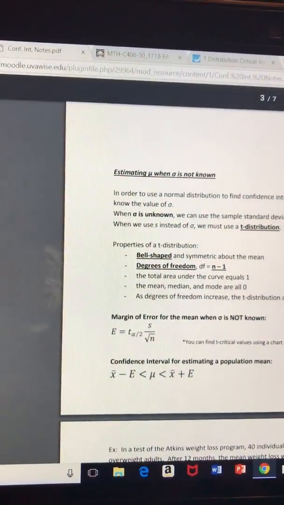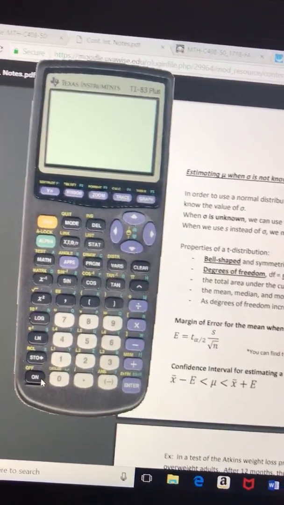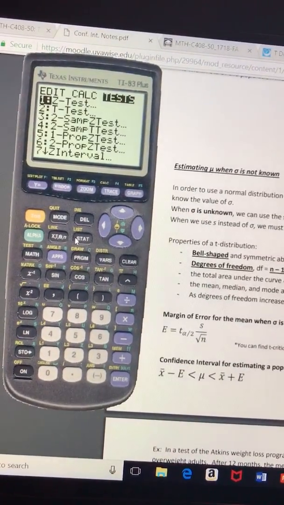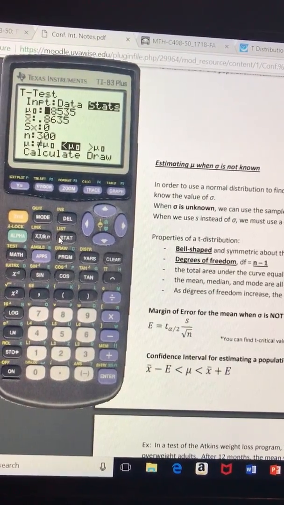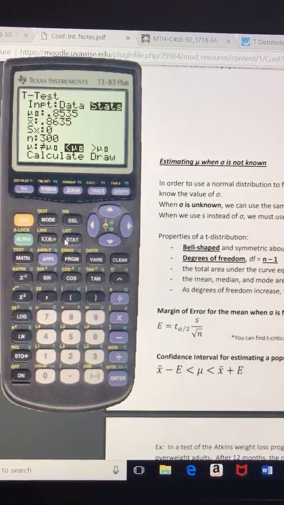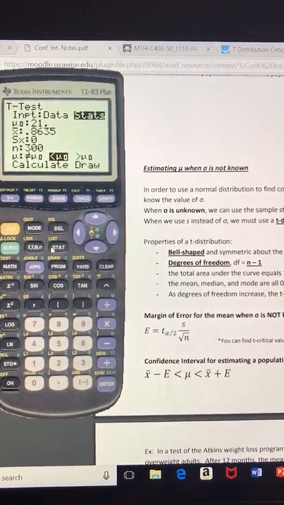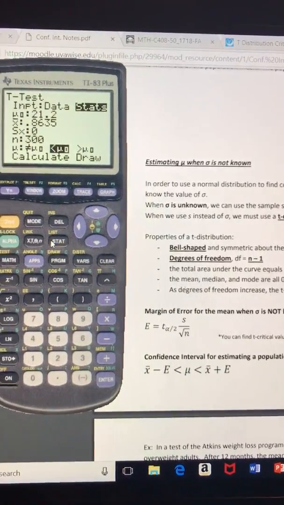So what we're going to do is, on the calculator, you're going to go to stat, go over to test, and go down to t-test, and we input our values just like we did for z-test. Right hand side's 21.2. X bar we have is 13.2.